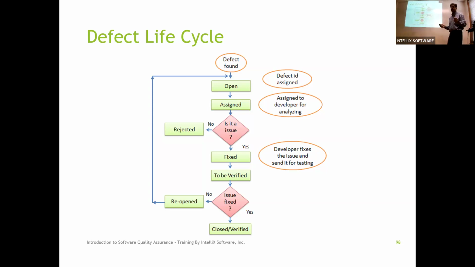Now you talked about the tools, right? I don't have to use a sophisticated tool. I can just simply send an email or put it in a Word document or Excel document and track it. Or there are a lot of what are known as application lifecycle management tools now, like Azure or Jira and all of those.